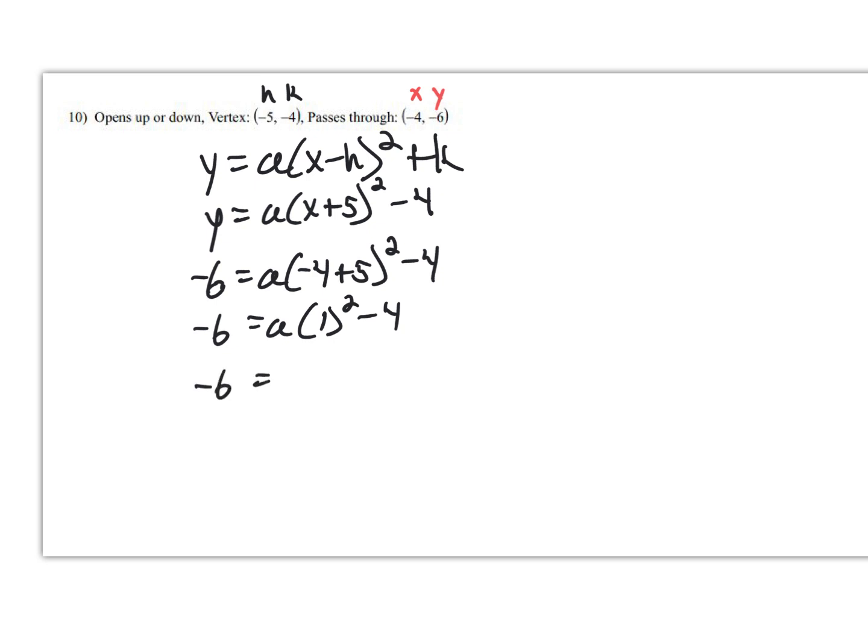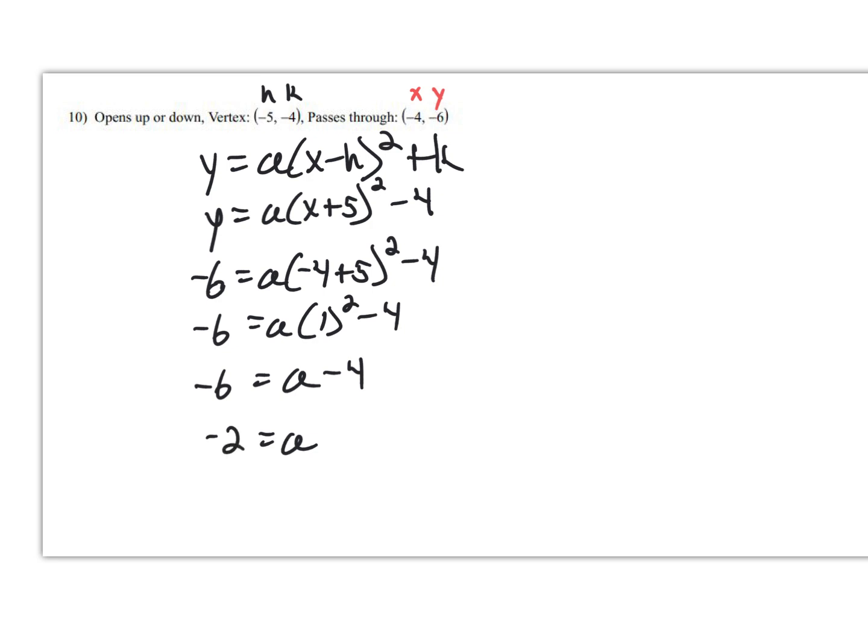So that's negative 6 equals 1a. When you square, 1 squared is 1, and 1 times a is 1a, or just a. And then minus 4.